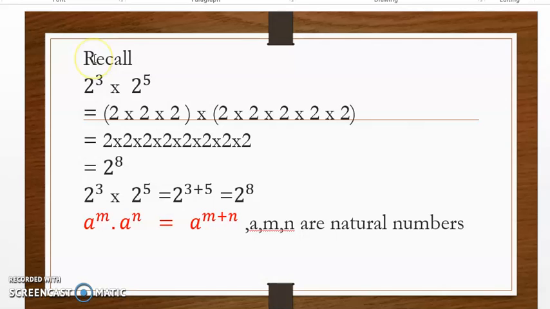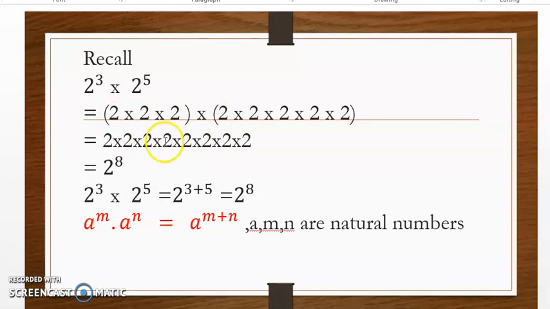Okay, so now let us recall what we had studied in lower classes. Suppose we have 2 to the power 3 and we are multiplying it with 2 to the power 5. So 2 to the power 3 is 2 into 2 into 2 and 2 to the power 5 is 5 times we multiply 2.